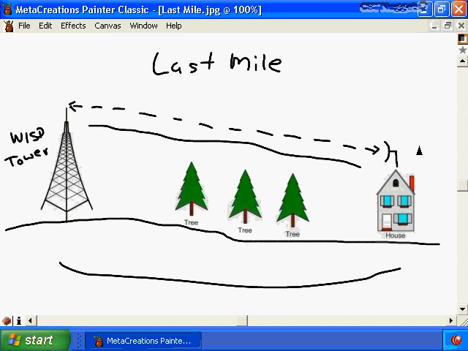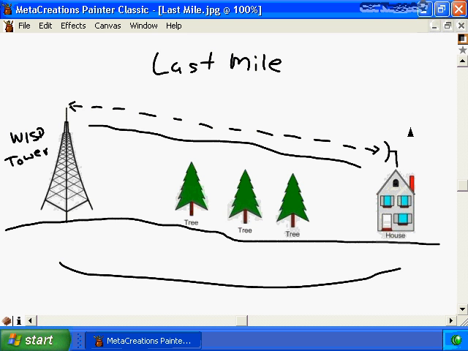So the wireless Internet service provider has a radio tower that sends out wireless signals to customers that have a wireless antenna on top of their house, and there's a cable that goes from that wireless antenna into the house and connects to a special type of modem, which in turn is connected to the customer's computer, which allows that customer to get a wireless connection to the Internet.